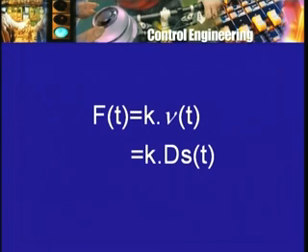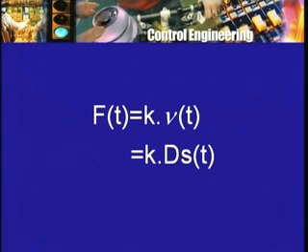This is given by a coefficient multiplying the velocity of motion of the plunger, so V of t, into a symbol that will denote this resistance to motion of the dashpot.